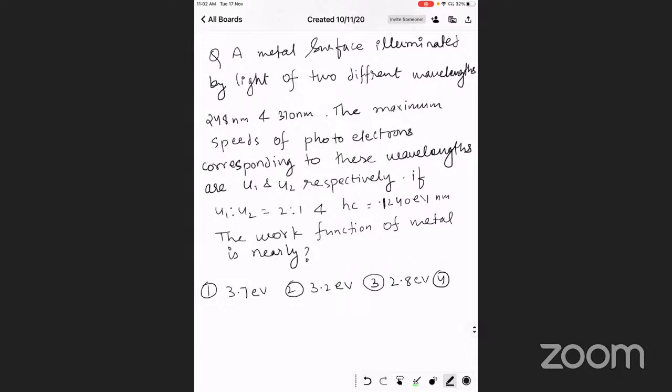Fourth option is 2.5 electron volt. ये क्वेश्चन अगर बन गया तो समझो आपका फोटोइलेक्ट्रिक इफेक्ट कंप्लीट हो गया.